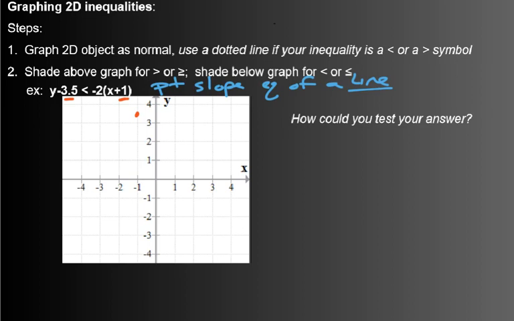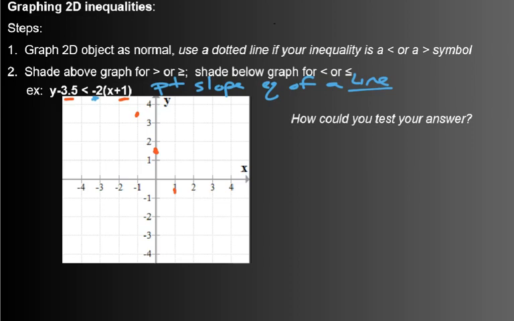And then the slope is -2. And so you can just go down 2, over 1 will be about right there. Then I'm going to go down 2 over 1 again, which would put me about there.